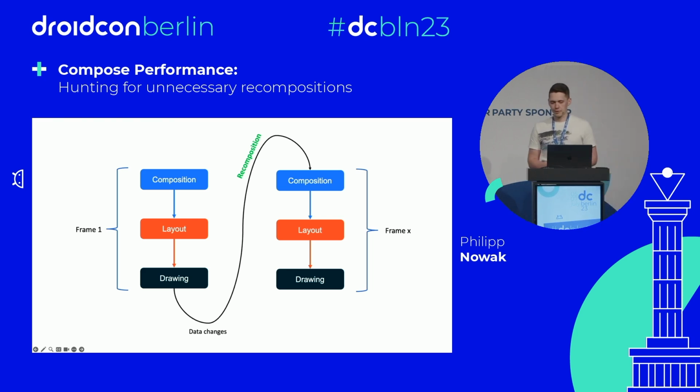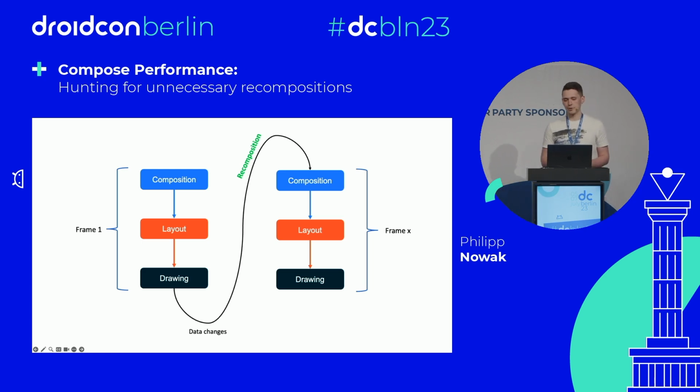As you might imagine, this can cause an impact in performance if we always execute all three phases to show different data. Therefore, Compose is really smart and can skip an entire phase, or even more than one, if they are not needed to react to the data change. But the problem is, there need to be some rules, which we will have a look on later, to define when a phase is skippable.